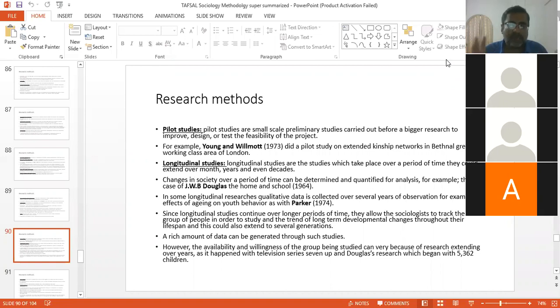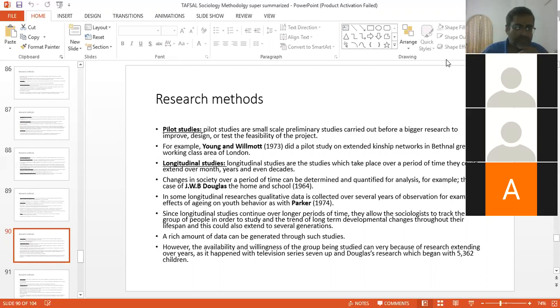The purpose is to witness first-hand changes in the group. So qualitative data is collected over several years of observation, as Parker did when he was observing the effect of aging on youth behavior.